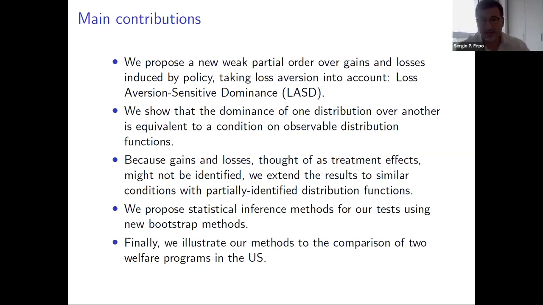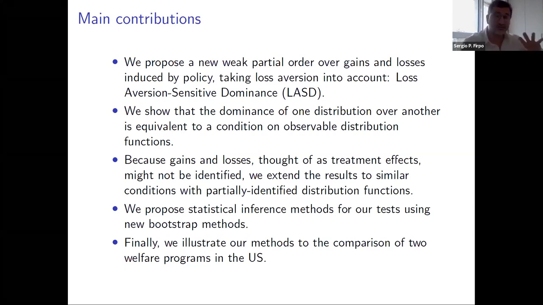Exactly like in the 1970s literature initiated by Tony Atkinson on how to rank outcome distributions based on just a few features of utility functions.